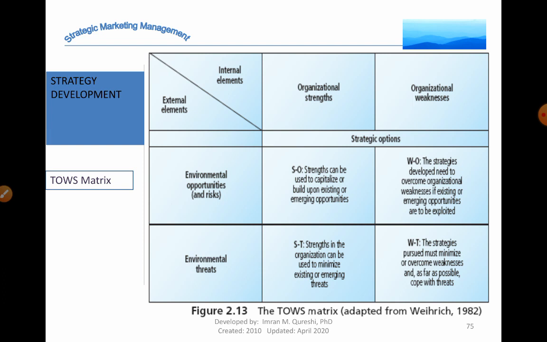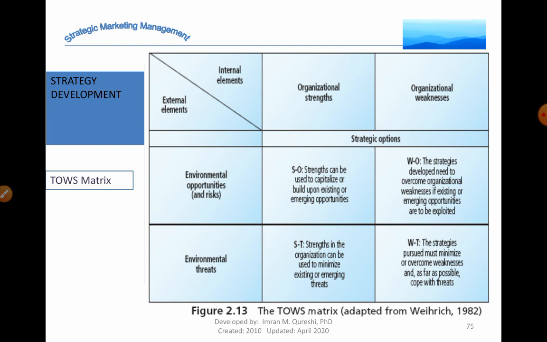We can have the SO strategy, which is strengths and opportunities, so opportunities that are geared towards your strengths. Based on that, you can make a strategy. You can have a weakness and opportunities strategy. You can have strength and threat ST strategies, and you can have weakness and threat strategies or frameworks that you can create.